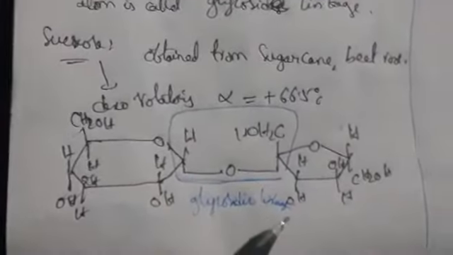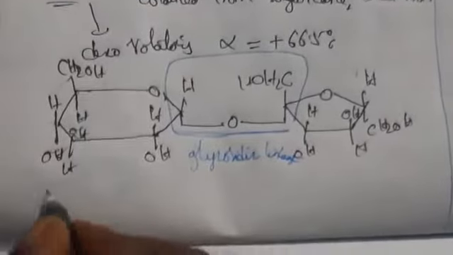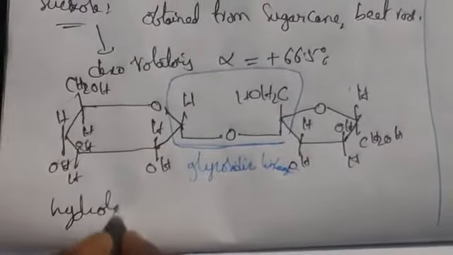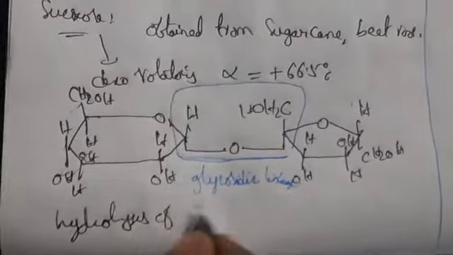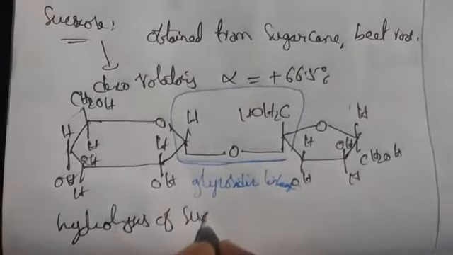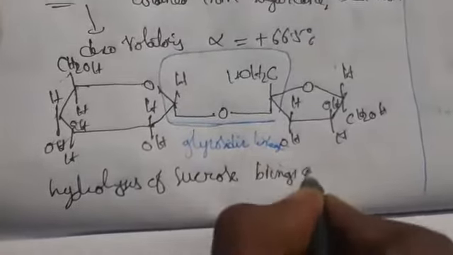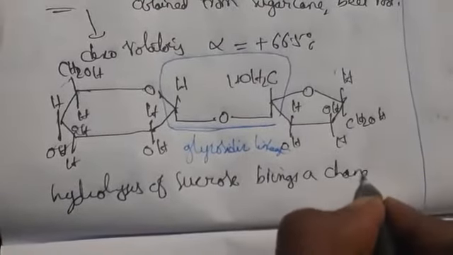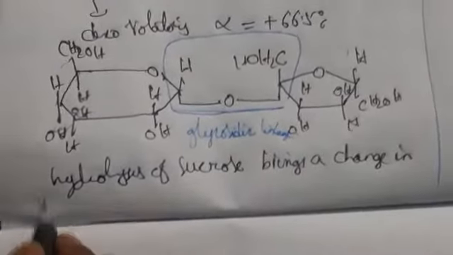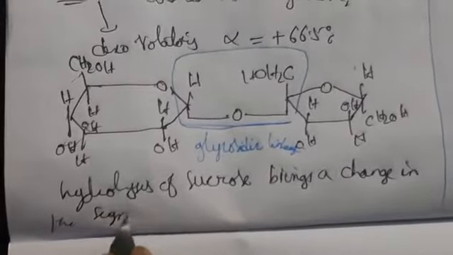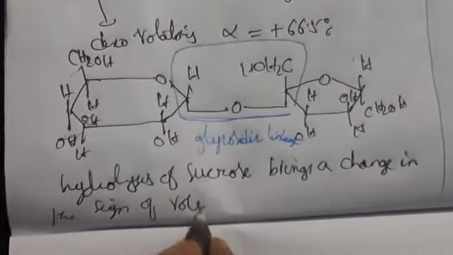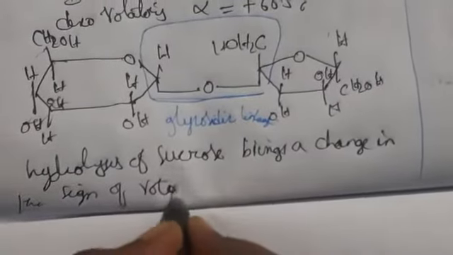So hydrolysis of sucrose brings a change in the sign of rotation. It changes from dextro to levo form.